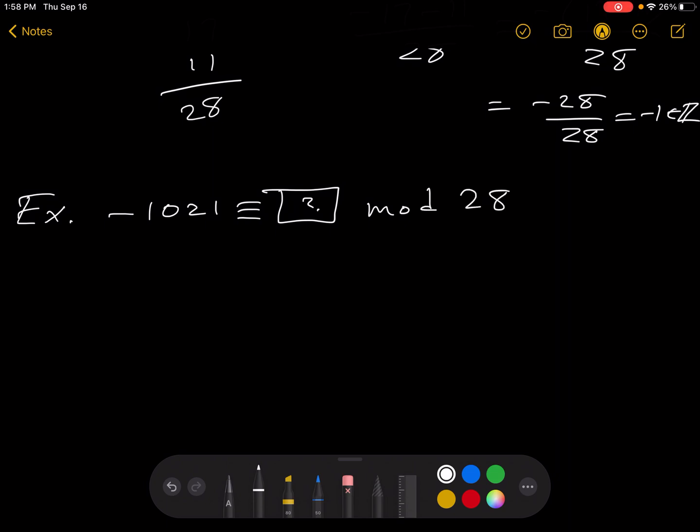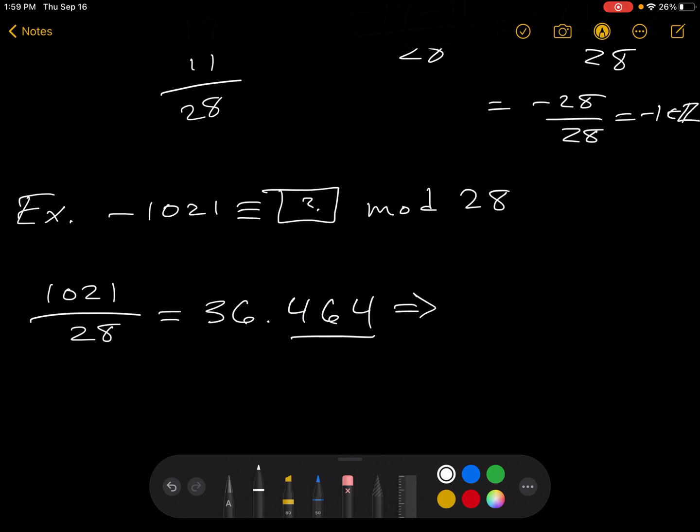First, on my calculator, I do 1021 divided by 28. Accurate to 3 decimal places, that is 36.464. The decimal part doesn't even matter.